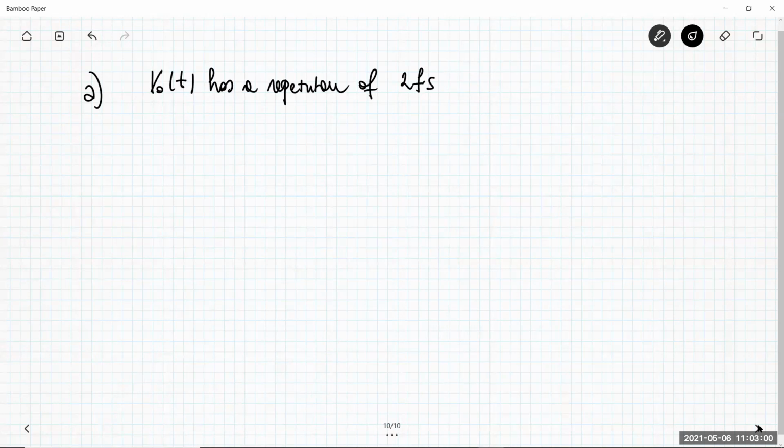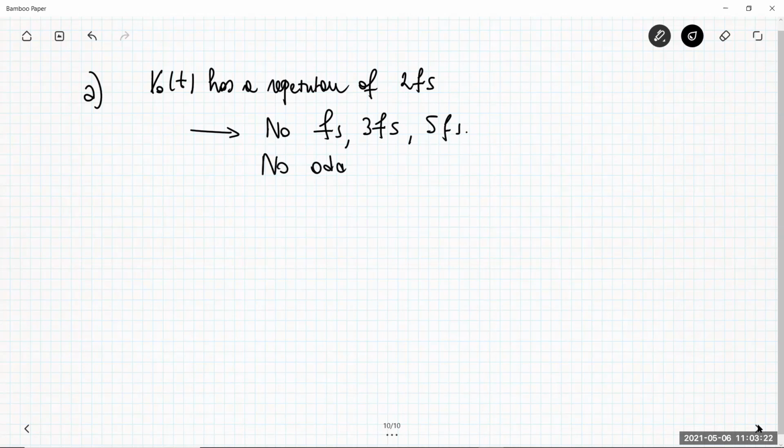So what does it mean in terms of the output spectrum? That in the output spectrum you have no Fs harmonics, but also no third harmonic, not the fifth harmonic, etc. So no odd harmonics.